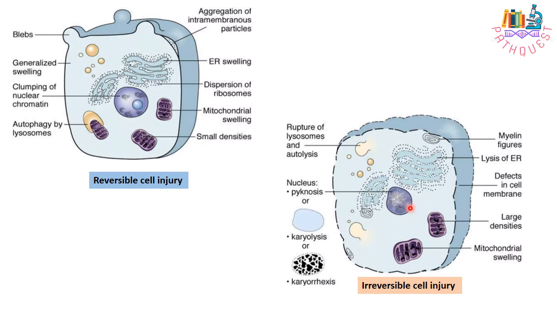Then there is pyknosis, karyolysis and karyorrhexis, that is complete degeneration of the nucleus. There is lysis of the endoplasmic reticulum and severe dispersion and loss of ribosomes. There is formation of myelin figures in the cytoplasm, mitochondrial swelling, and formation of large densities in the mitochondria.